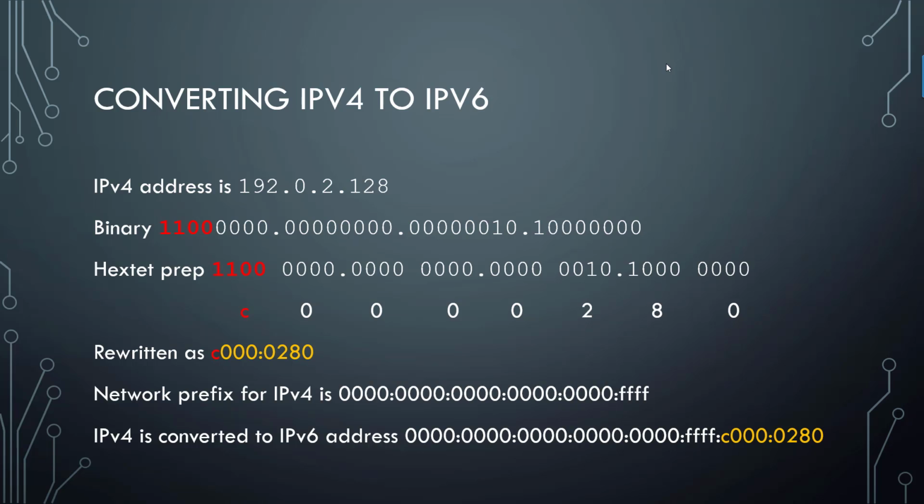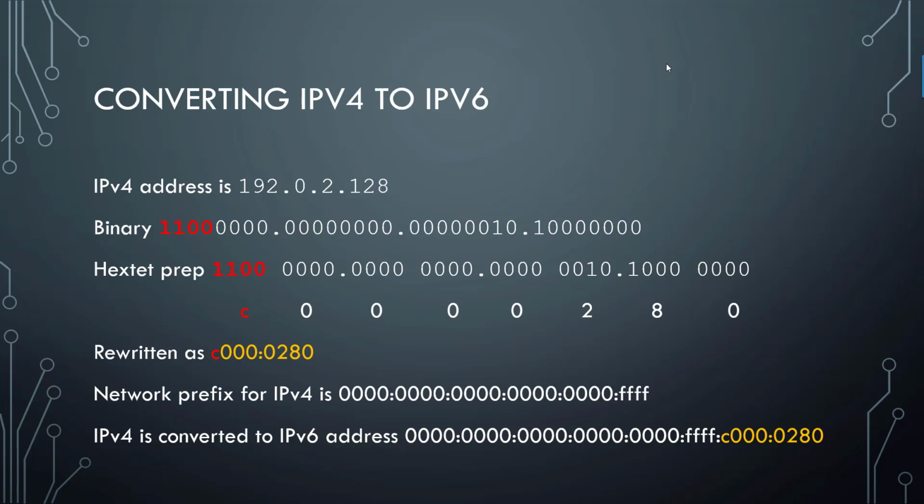So you're asking yourself, I've learned IPv4, and it's easier if I think of things in IPv4 instead of IPv6. Okay, so let's go through a simple conversion. In this case, we have an IPv4 address of 192.0.2.128. Just like in IPv4, in order to understand what those numbers mean, you need to convert that to binary, because those numbers literally don't mean anything.